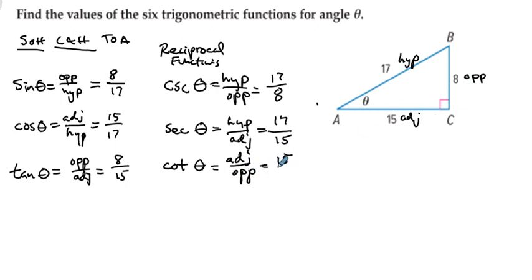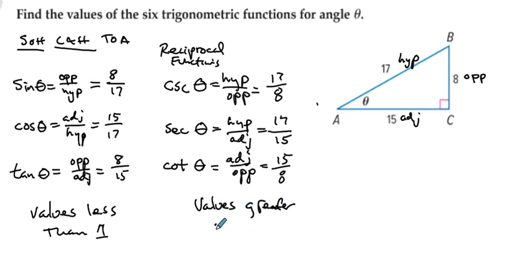And what you'll notice about most of these is that all of these main 3 functions, right, are always going to give you values less than 1, right? These are all going to give you values less than 1. And all of your reciprocal functions are going to give you values greater than 1, okay?